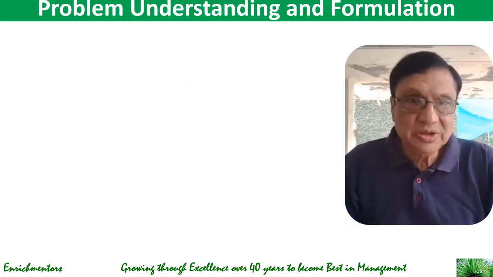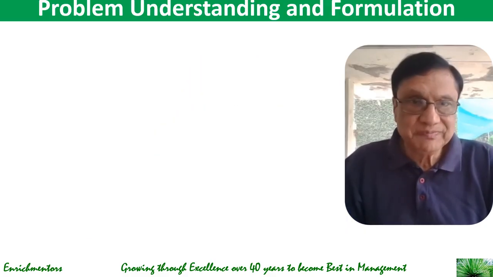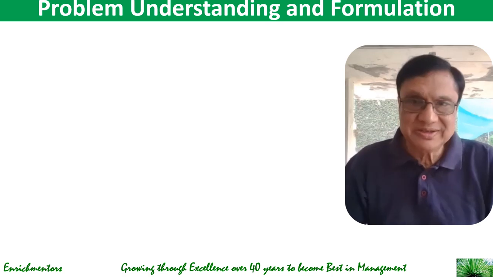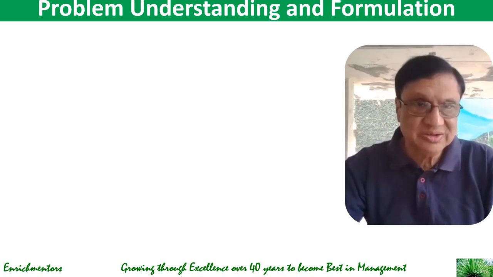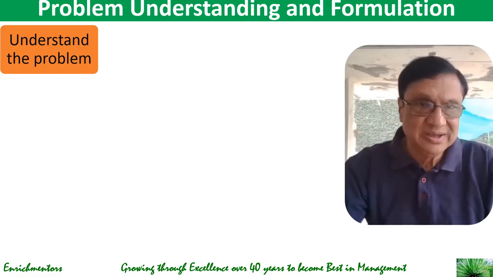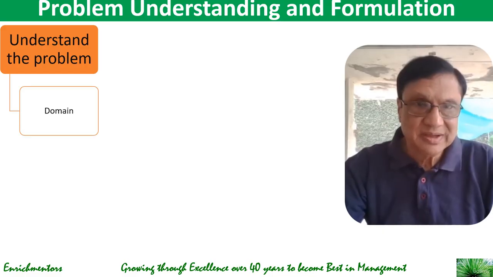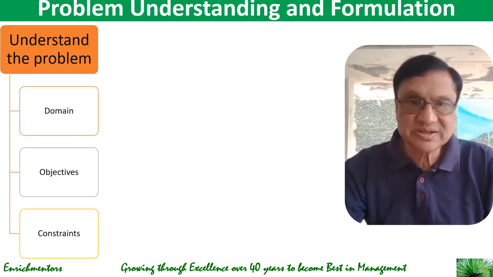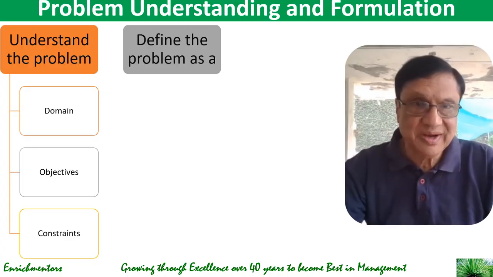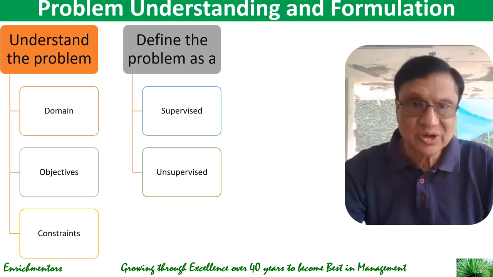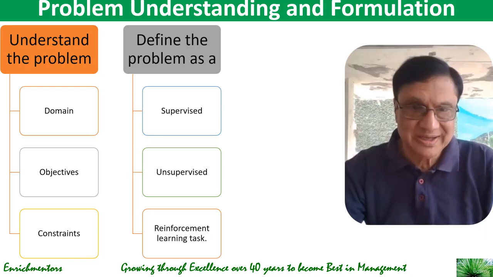So the first thing you need to do is the problem understanding and formulation. And there are three things that you need to do. First, understand the problem domain, objectives, and constraints. The second thing is to define the problem as a supervised, unsupervised, or reinforcement learning task.